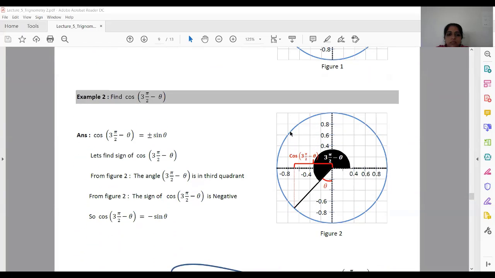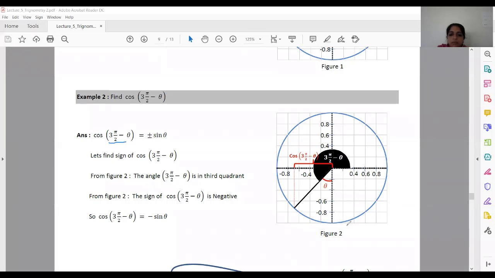The next example is find cos of 3 pi by 2 minus theta. Here, see, cos of 3 pi by 2. Pi by 2 means our function cos will convert into the sine. But is it positive or negative? It depends on the sign of cos of 3 pi by 2 minus theta. So the angle 3 pi by 2 minus theta is in the third quadrant.